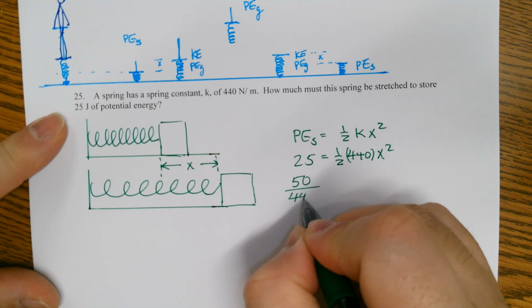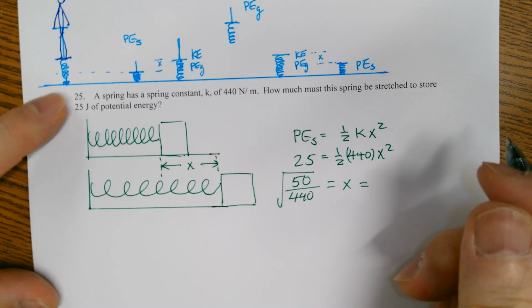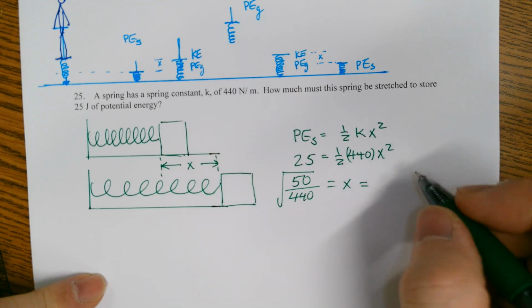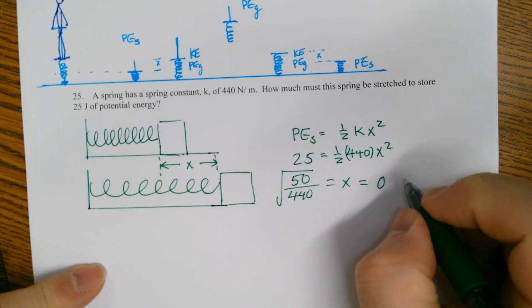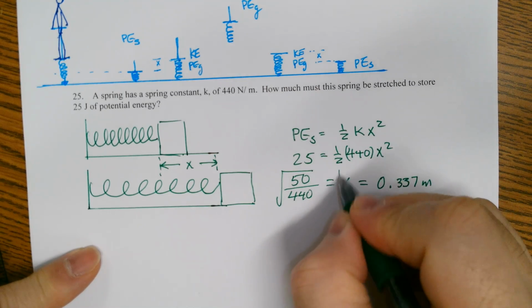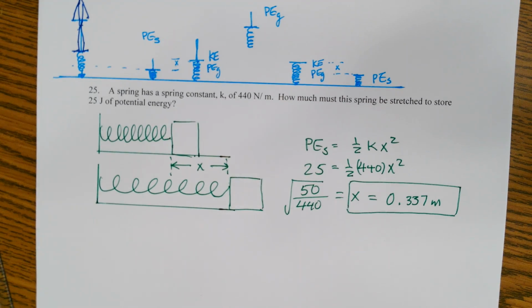Divide that by 440, and the square root will be my x. My x now is equal to, if you do this calculation correctly, something like 0.337 meters as the stretch value. That was pretty simple, right?